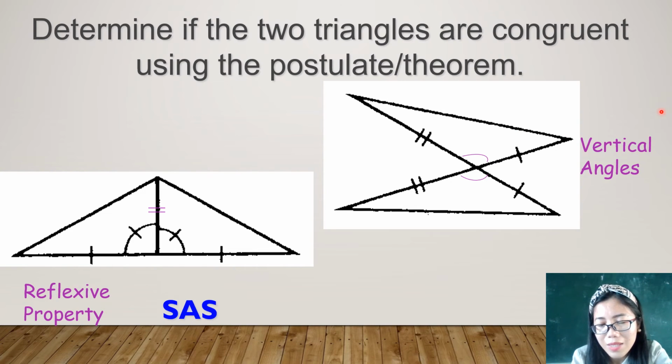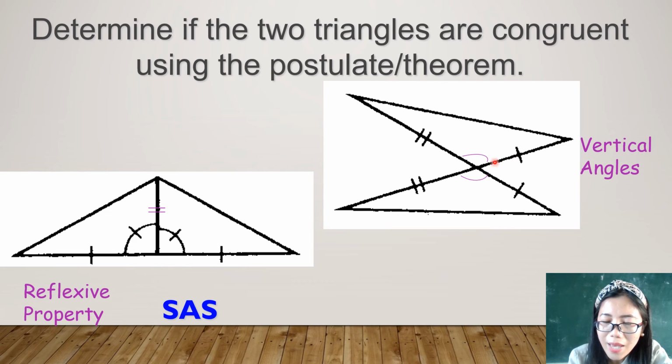Vertical angles, again, are angles formed by two intersecting lines or two intersecting segments. Because these are vertical angles, it follows that they are congruent by the Vertical Angle Theorem. Vertical angles are congruent. So you have one corresponding angle that is congruent.